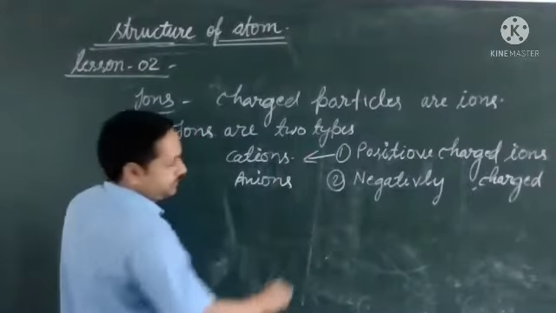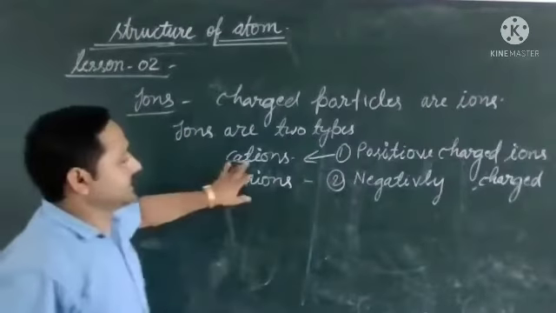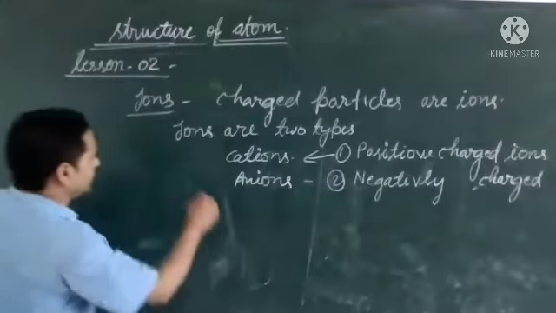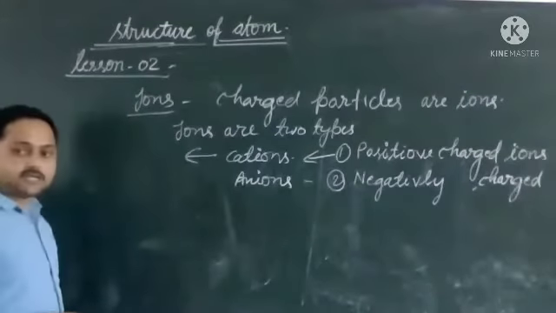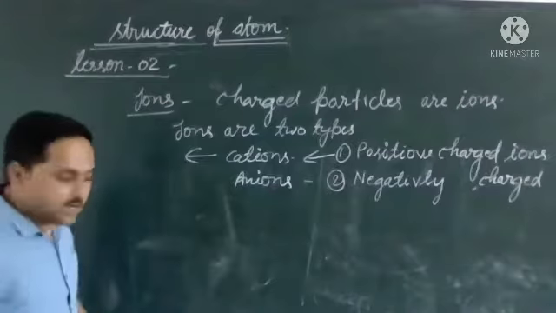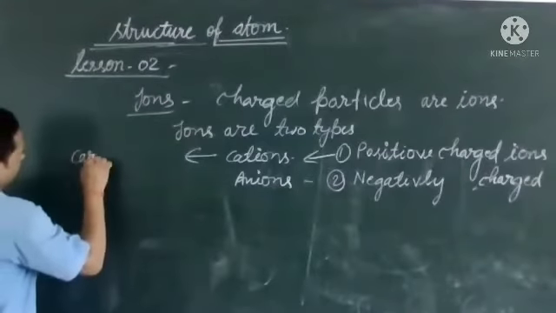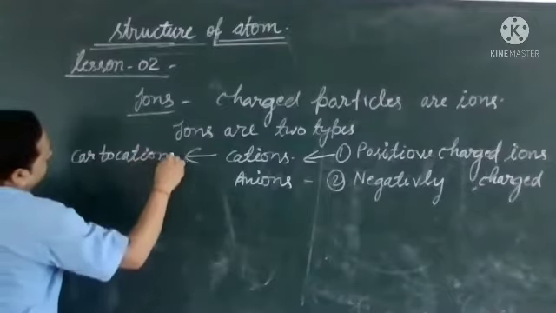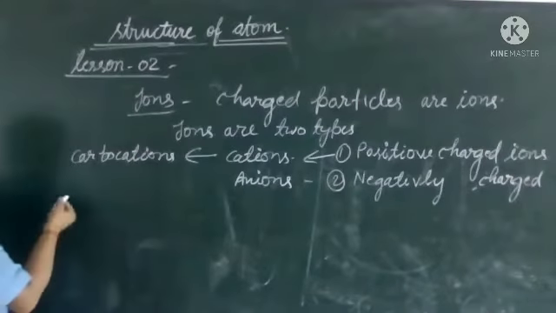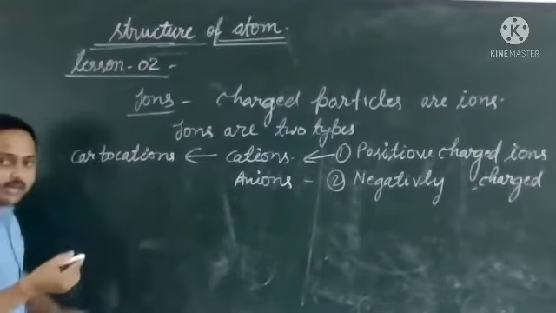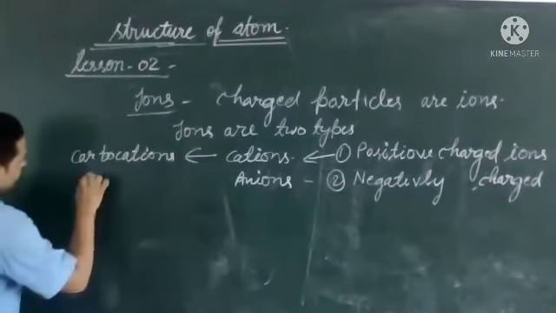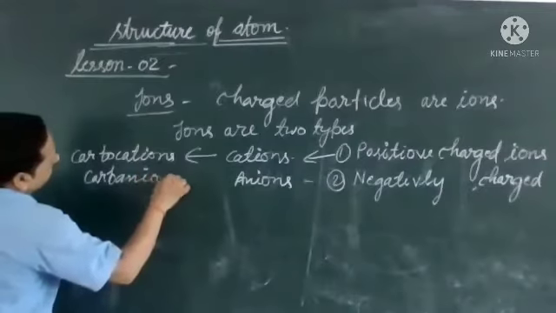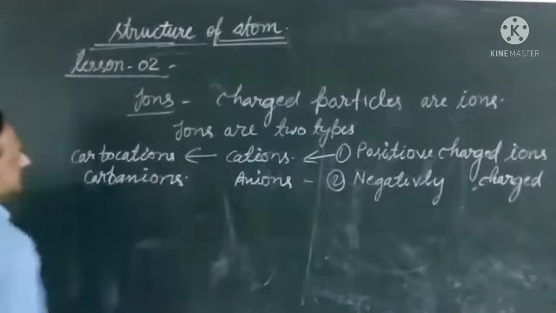So you remember these two: positively charged cations and negatively charged anions. If carbon is carrying a positive charge, we will say carbocation, and if carbon is carrying a negative charge, we will say carbanion. These are very common points you should remember.